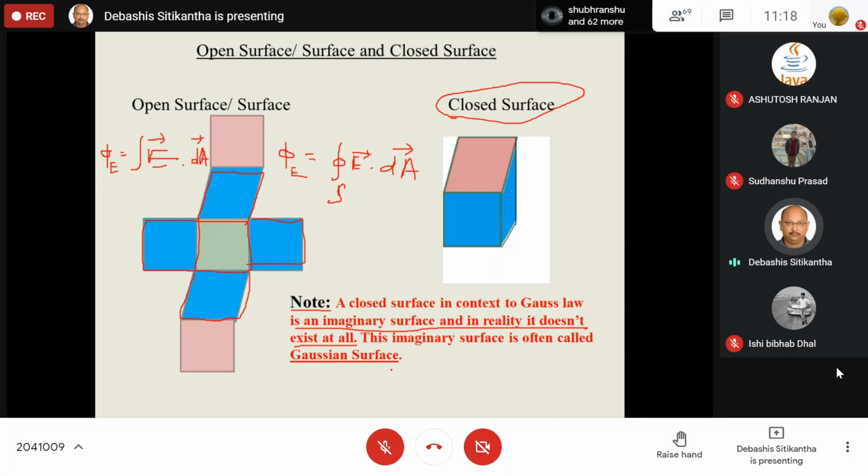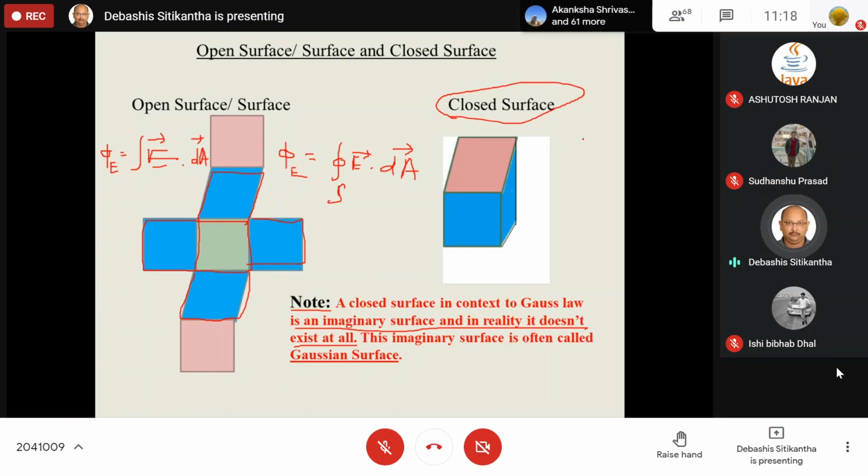In place of closed surface, we can very well use the word Gaussian surface. And please remember that whenever we are going to deal with a problem, we have to draw a Gaussian surface. And remember, this Gaussian surface practically never exists. It is just imagination.